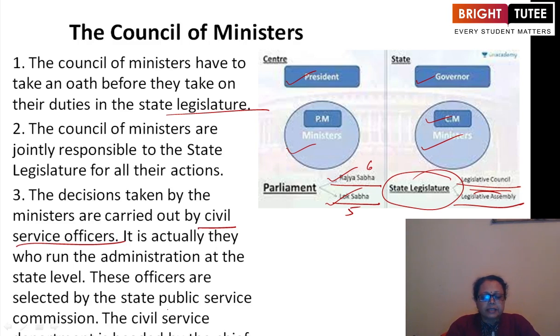The Civil Service Department is headed by the Chief Secretary. This entire department is headed by the Chief Secretary. So this is the main role played in running the day-to-day administration. These are the real administrators.